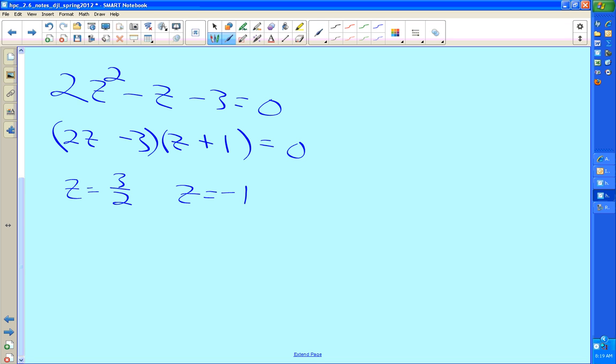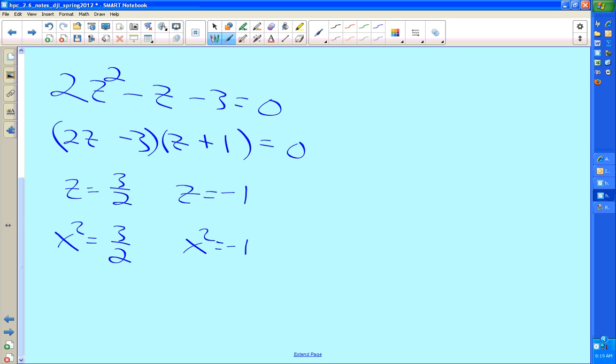Everybody with me? But we don't care about Z, do we? What do we care about? X. And what is Z equal to? X squared. So x squared equals 3 over 2, and x squared equals negative 1.